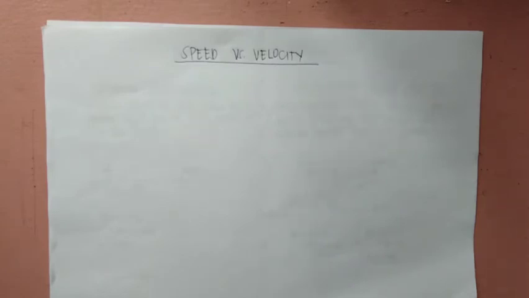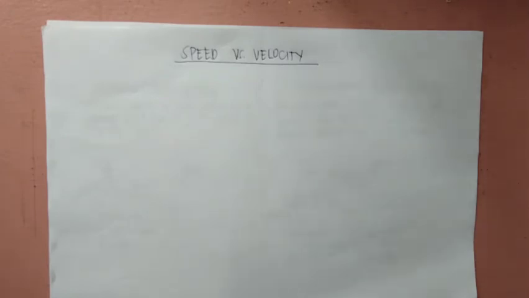It is a scalar quantity. It does not involve direction since we are talking about distance. While velocity is the displacement of a body in a specified time interval, meaning speed is scalar, velocity is vector. Speed deals with distance, while velocity deals with displacement.